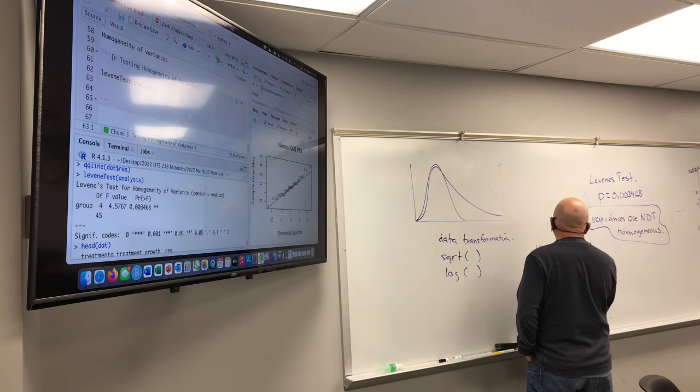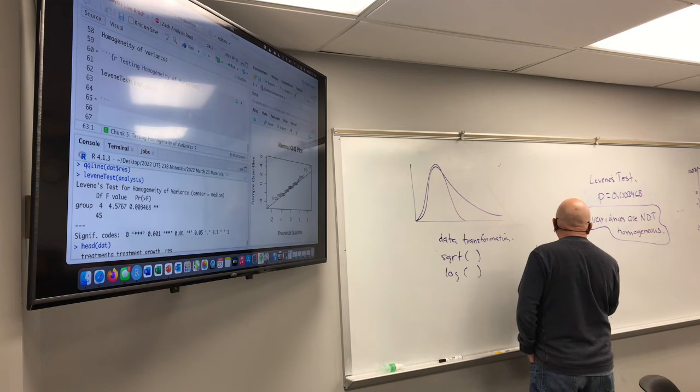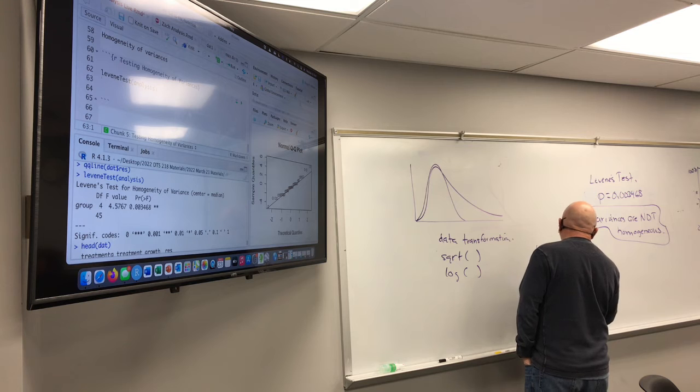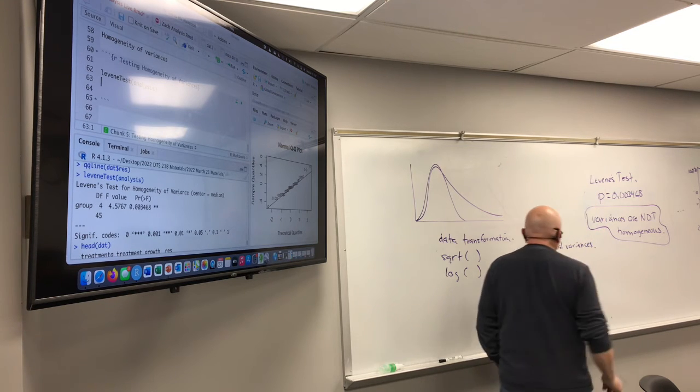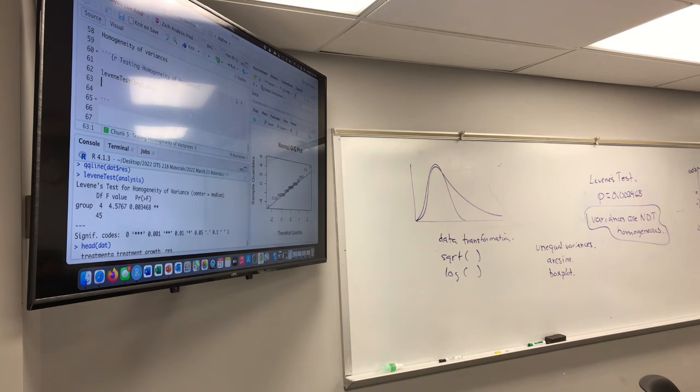You can try the arc sine transform, and you can try the box plot transform. Those are both very complicated transformations. This example that I'm working from is from a textbook, and what they came up with is a really weird transformation.